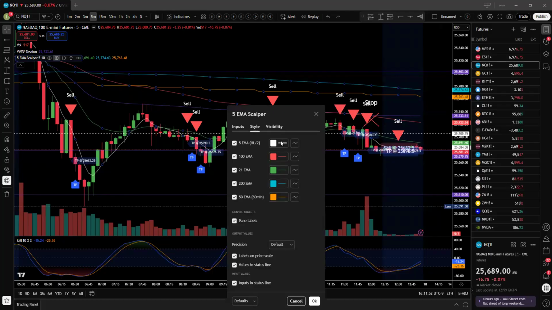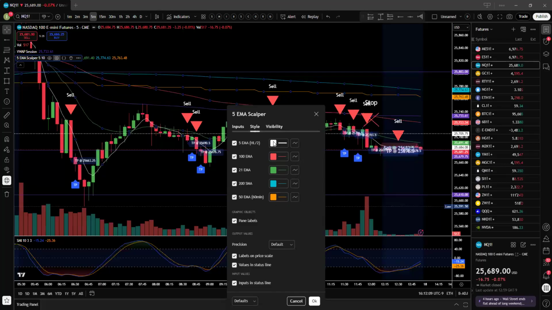Under the style, you can go in and select the colors you want. But here's the moving averages that I have automatically plotted. I went ahead and just added these instead of having 7 different indicators on my chart. I got the free version of TradingView.